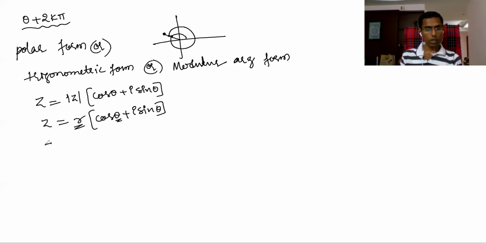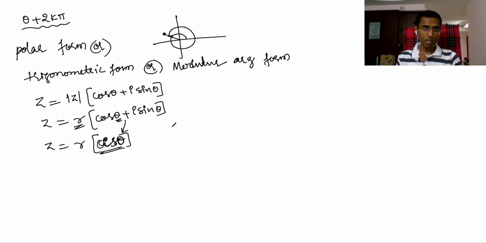And here one point I told: r into cos theta plus i sin theta can be written as r cis theta. Many times students ask, and many people have confusion: how did cos theta plus i sin theta become cis theta? What is this cis theta, and what is the derivation? Actually, it is very simple. It did not come from a derivation; this is a short form.